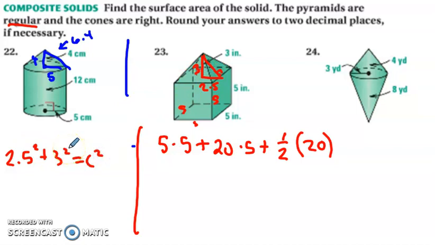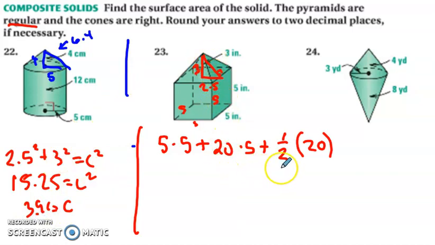Grab my calculator here: 2.5 squared plus 3 squared gives us 15.25 equals c squared, square root of 15.25. And it looks like we're looking at about 3.91, which seems like a reasonable amount. We knew it was going to be bigger than 3. So we're going to throw in our slant height, which is 3.91.